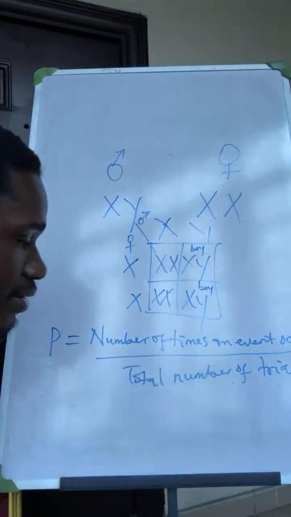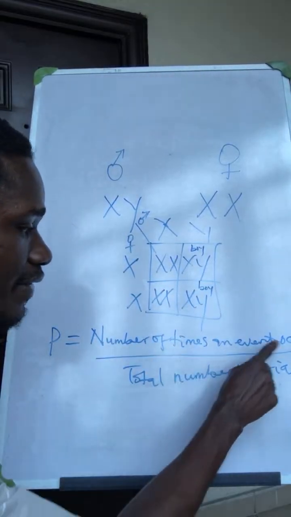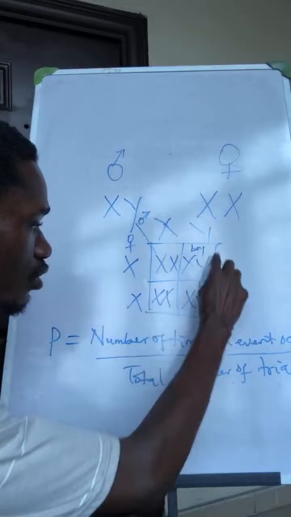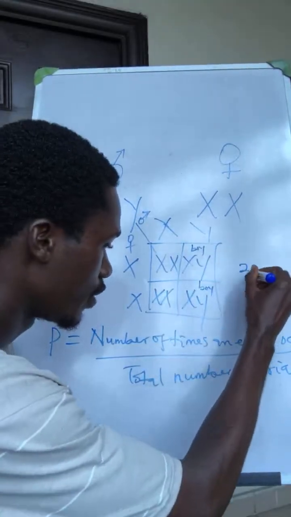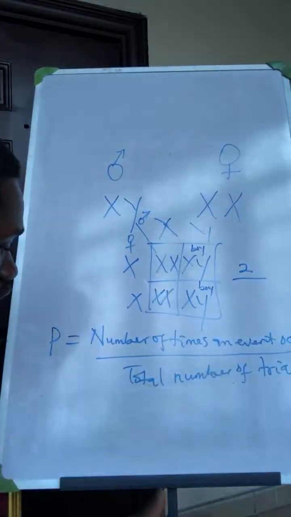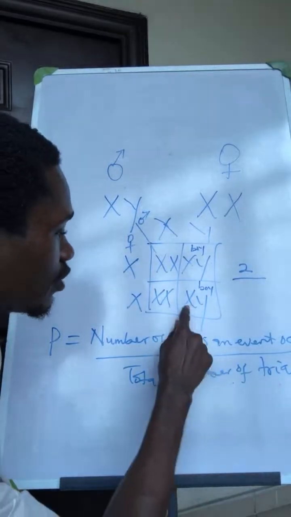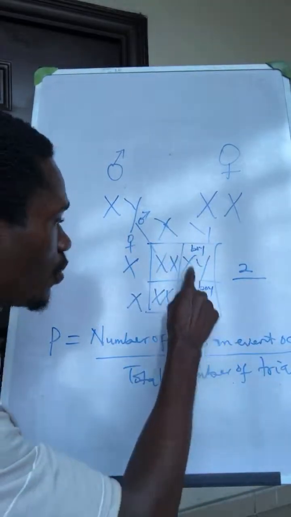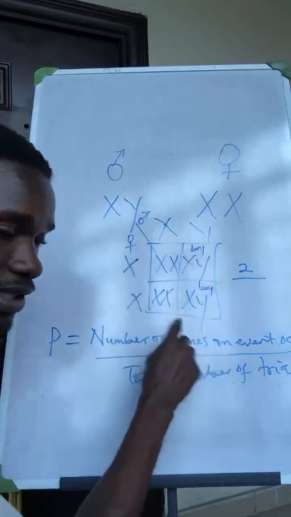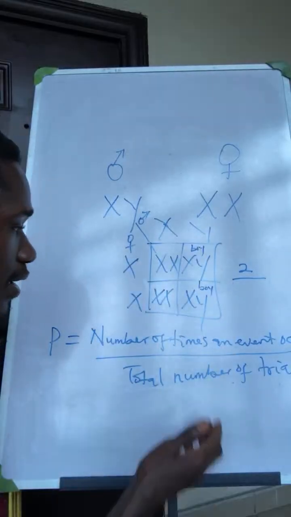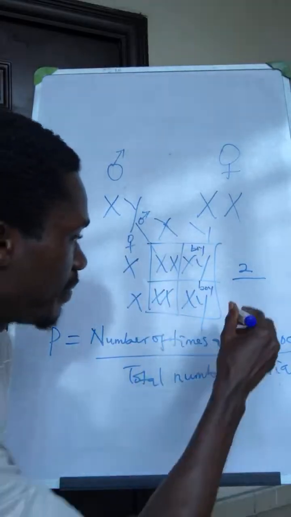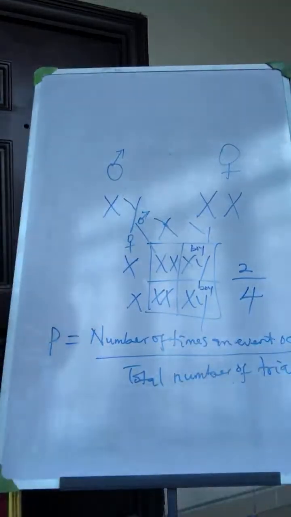So the number of times an event occurs is 2, divided by the total number of trials. The total number of trials is 4 because we have 4 boxes, 4 different possible events here.